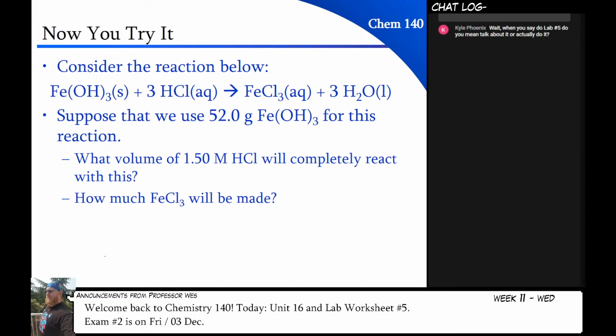And then tell me how much FeCl3 will be made. That one I didn't specify what your unit should be, but because we don't know what the volume of the solution will be when the reaction is done, tell me how much FeCl3 will be made in grams.